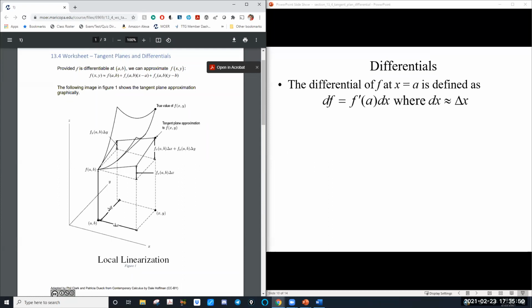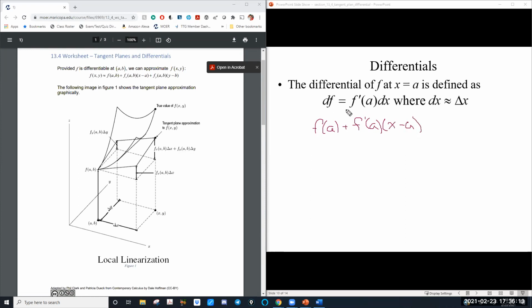Before, let's make a nice connection here. We talked about our tangent line having this form: f of a plus f prime of a times x minus a.